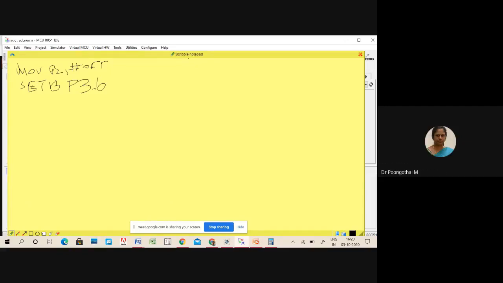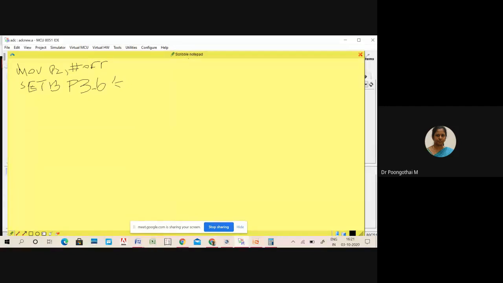So what is the purpose of set bit P3.6? Because it is a read pin. So we have to configure this particular pin as an input pin. Your end of conversion signal will be generated by ADC, and it is connected to P3.6. So this pin should be configured as input port pin. So set bit P3.6 is nothing but to configure the end of conversion pin as an input pin. Please note it down.